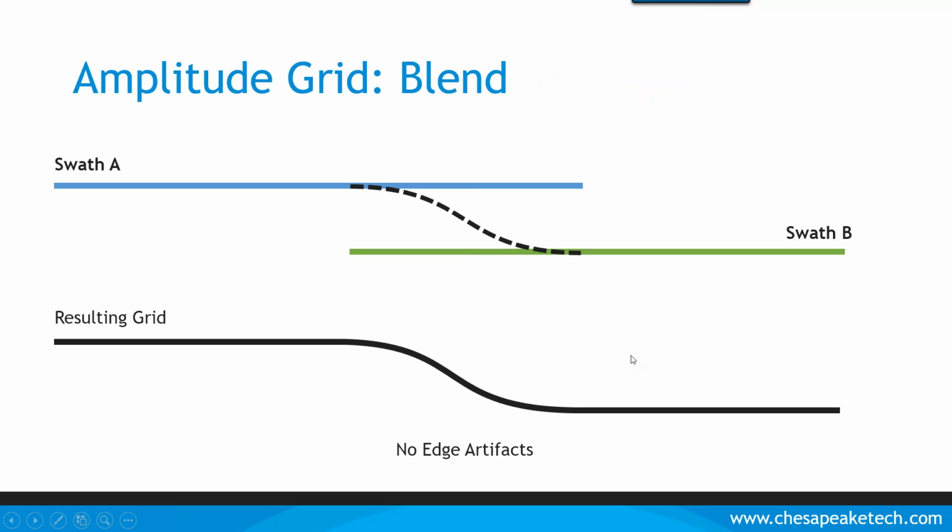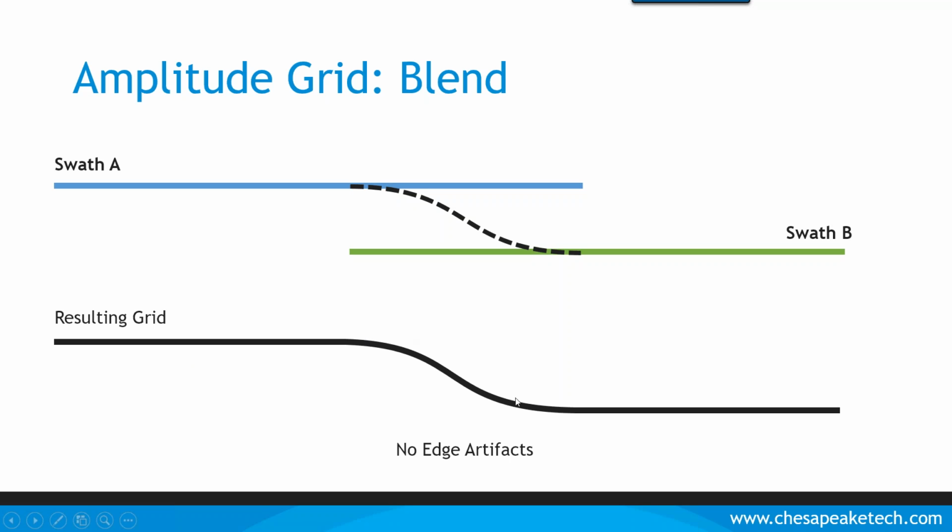The next one that's worth talking about is blend. The way this works is once you start an overlap, it uses a cosine weighted curve to gradually change the weighting from swath A to swath B. What you wind up with is a resulting grid that smoothly transitions from one to the other with no strong edge artifact.